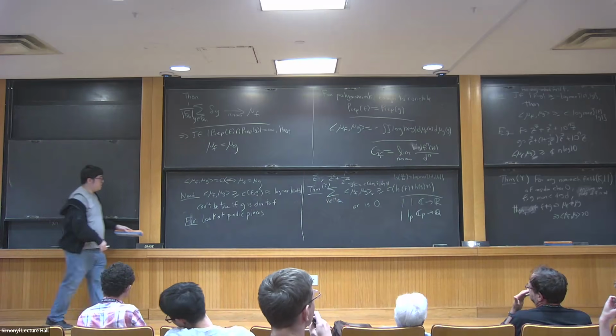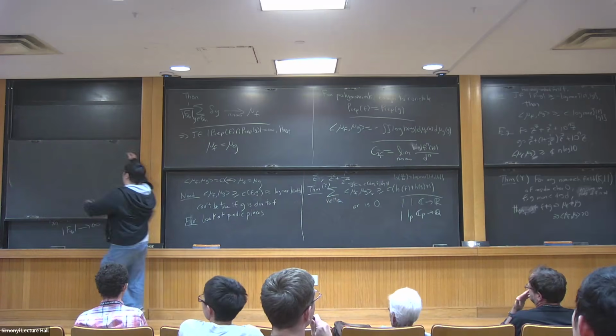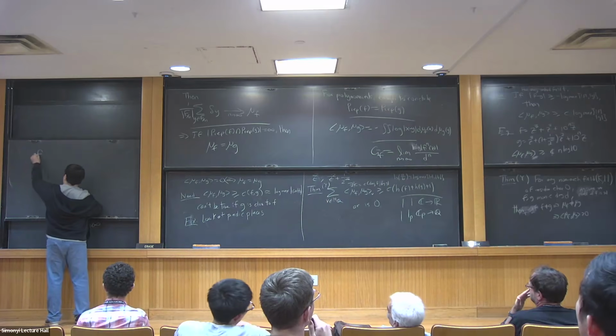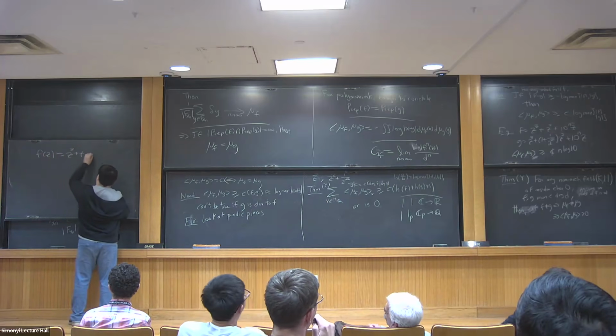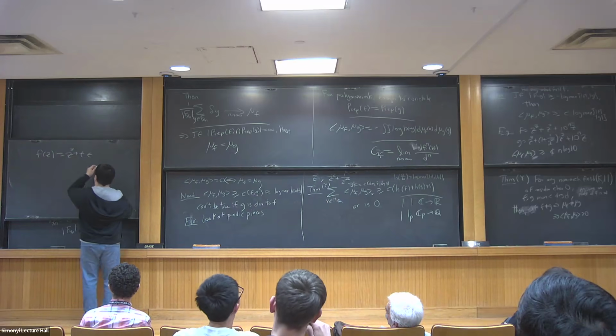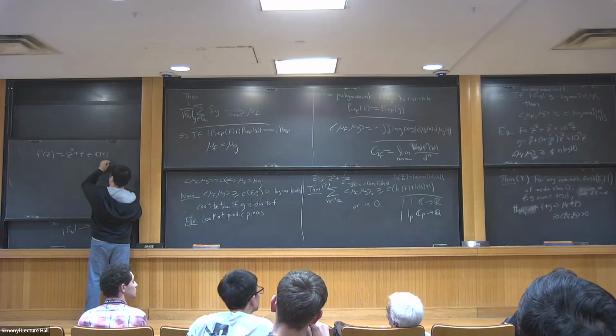So I want to just mention something about degenerations, that is, taking a one-parameter family. Let's say you take z squared plus t, but you view it as a function on the function field.